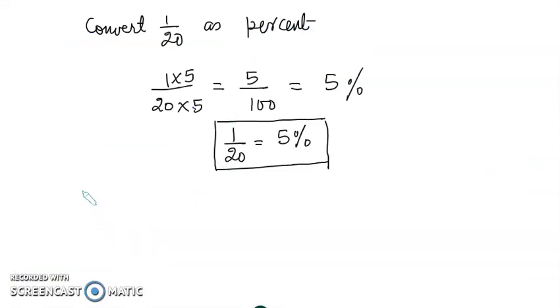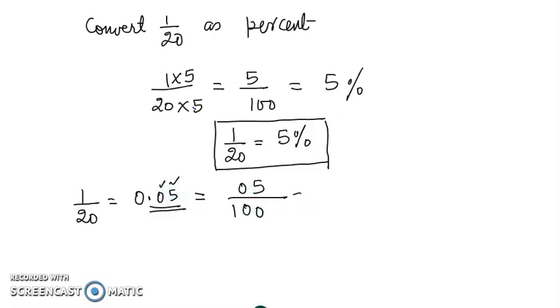So here 1 by 20, if you solve it with the help of your calculator, you get 0.05. When you change this into a fraction, you just write 5, and then for the denominator you write 1, and as many zeros as the number of digits counted.